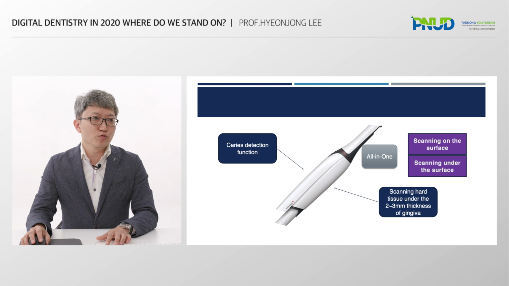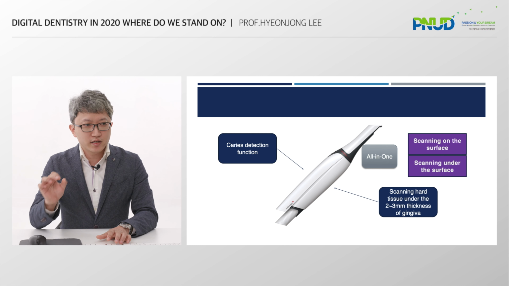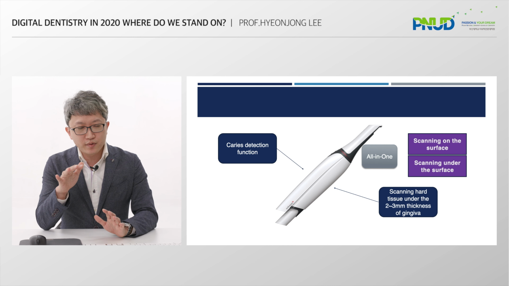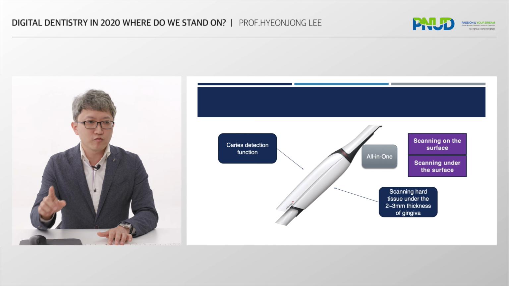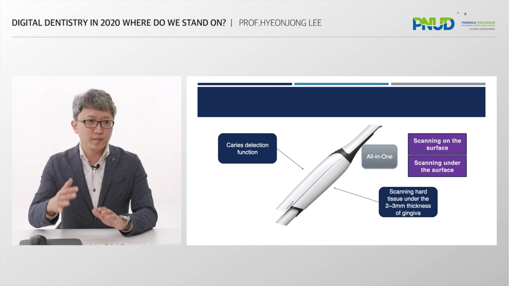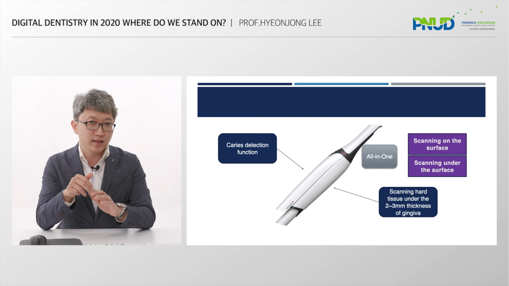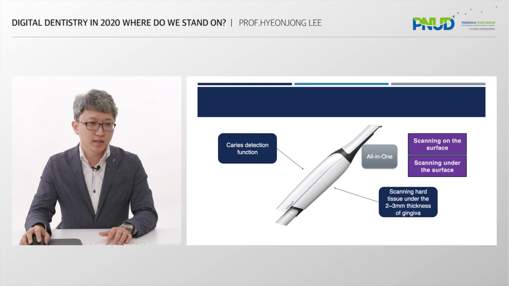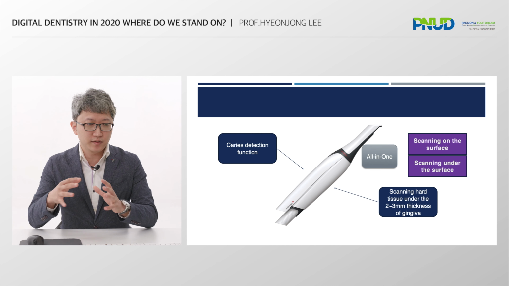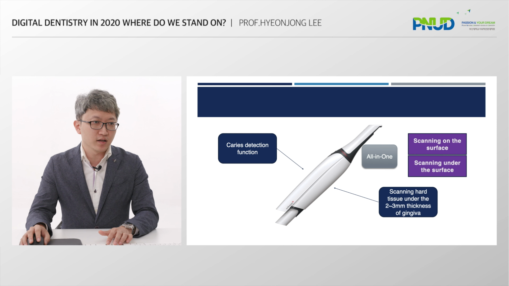So scanning on the surface and scanning under the surface, these days we can scan beyond 1 millimeter or even 1.5 millimeter of penetration of enamel and dentin. The technology is developing like that.